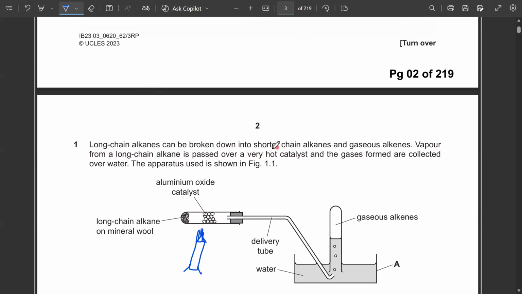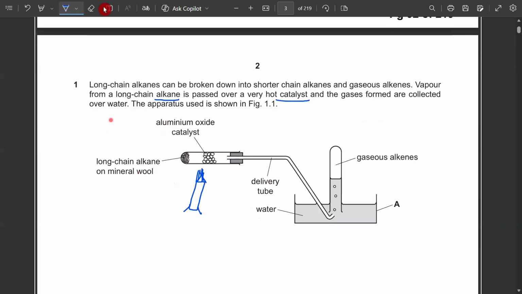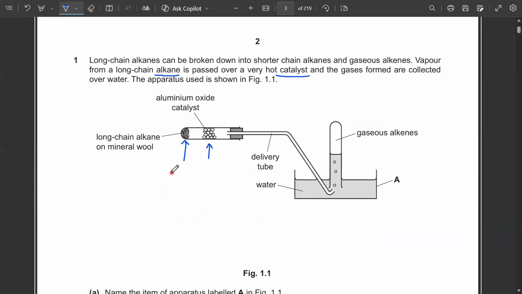Now we have to heat the long chain alkane and also the catalyst. Both of them must be heated, the alkanes and the catalyst. So the arrows that must be represented here: we need to put one arrow just below the cotton wool containing the long chain alkane, one over here, and another arrow which should be over here. So this is how we can get the correct arrows.